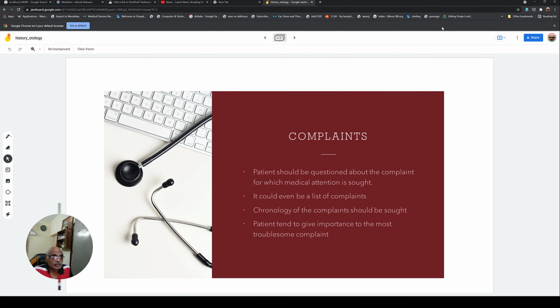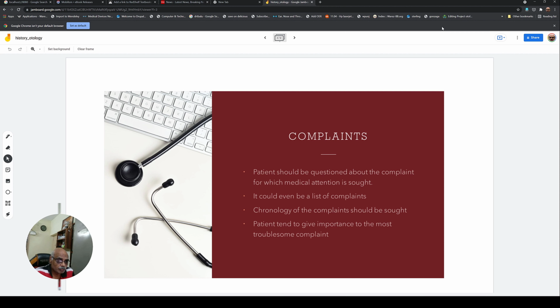And regarding the patient complaint, the patient should be allowed to narrate the complaints, and the clinician should avoid persistent questioning of the patient initially, and he should be a very good listener, but he can be questioned directly if he is dilly-dallying or if he is not coming to the exact point. The patient can be questioned directly for which complaint he is seeking medical attention for.